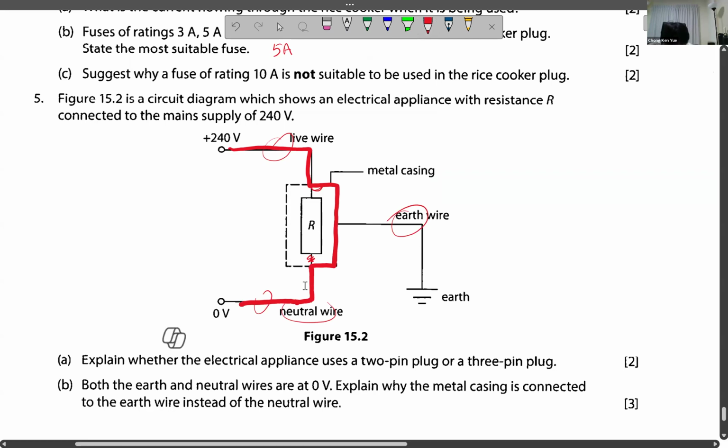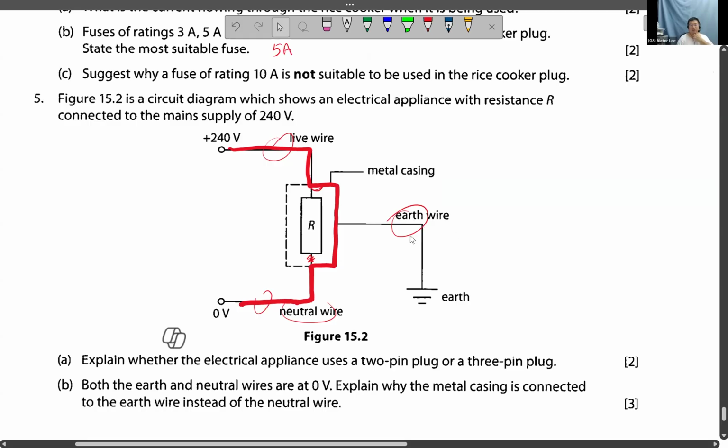So tell me what happened to the casing. It will be very hot. It will become live, right? And then when you touch it, what happened? You get an electric shock. Possible electric shock, correct.